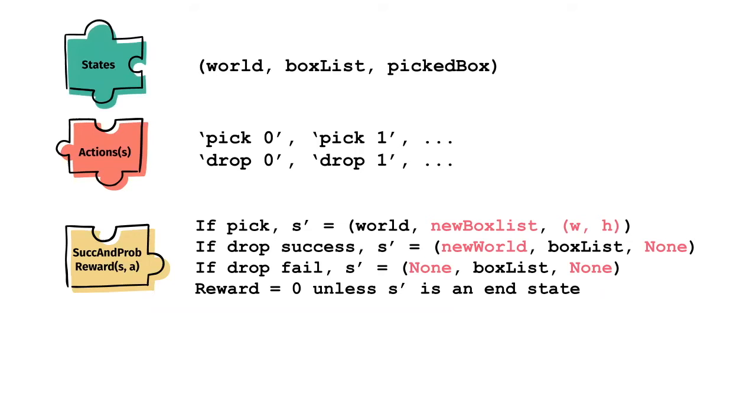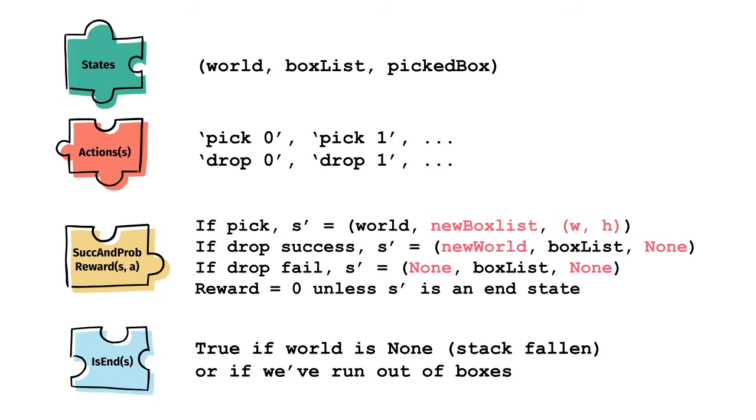If the stack falls, then we end the trial with a reward of 0. Otherwise, we move on to the next box. Similar to the blackjack homework, we don't calculate the reward until the very end of each trial. This end returns true either when the world is none, meaning that the stack has fallen, or when we've run out of boxes.